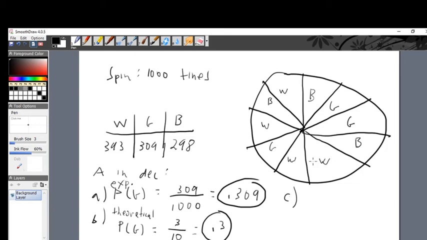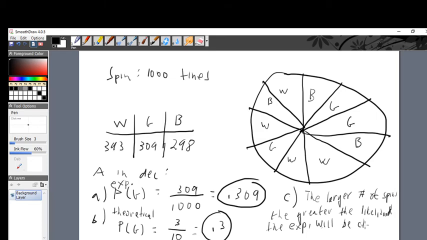You got to pick the true statement, and they'll give you something like the larger the number of spins, the greater the likelihood the experimental probability will be close to the theoretical.